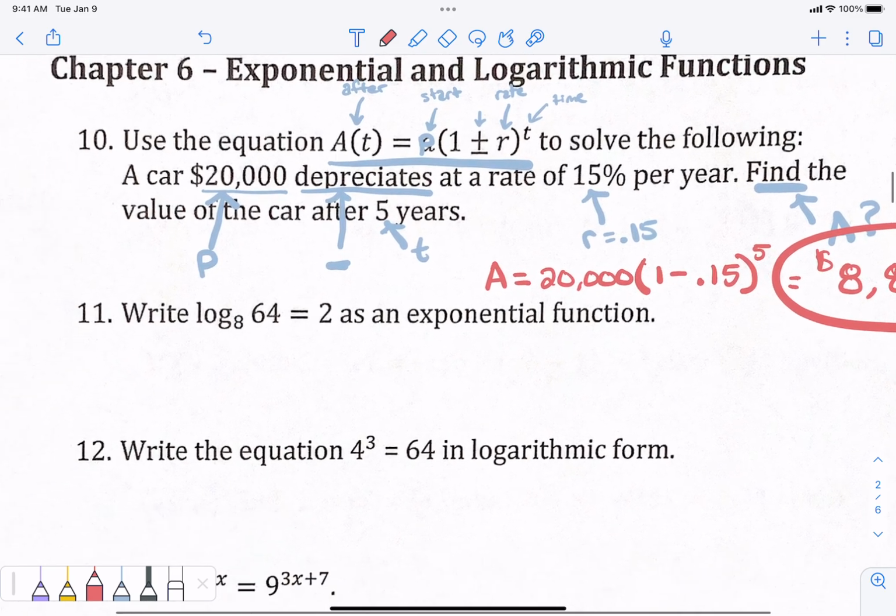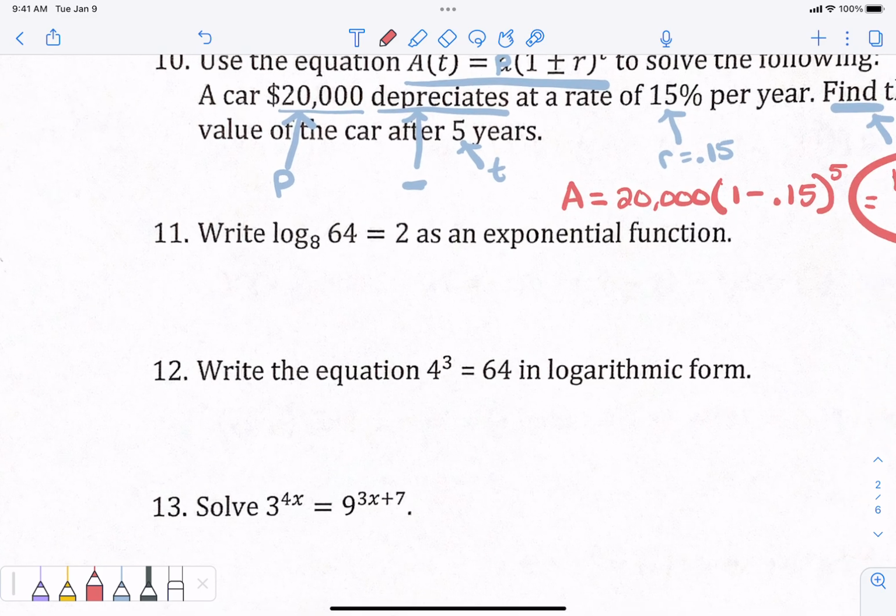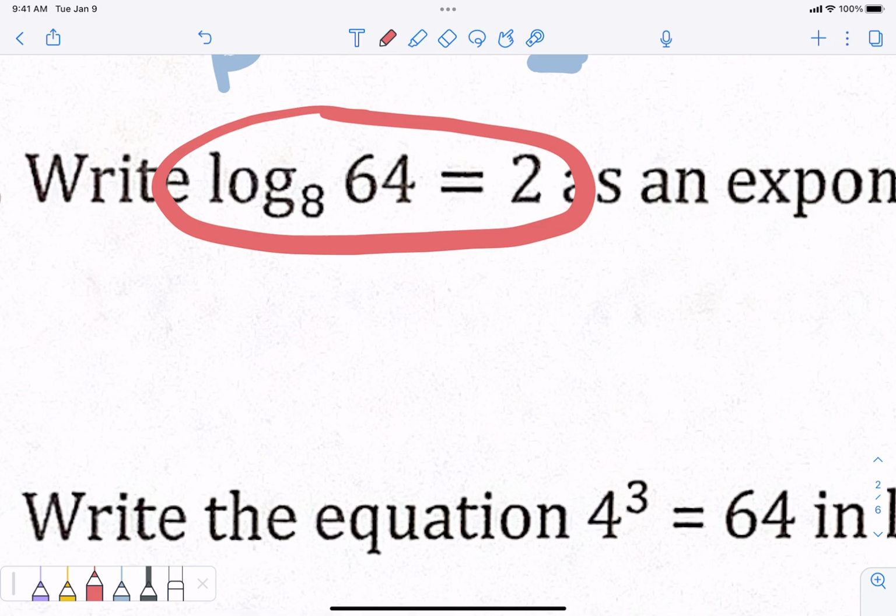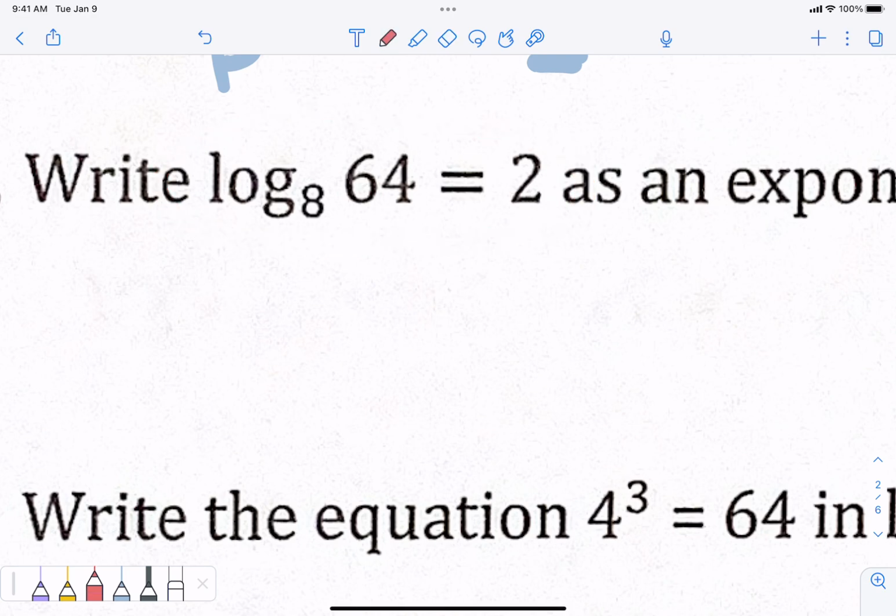This is a log function and an exponential function. How do you read this? Log base 8 of 64 equals 2. So if I want to make this into an exponential function, you should be experts at this.